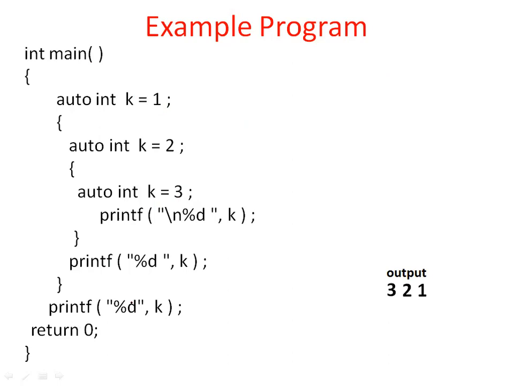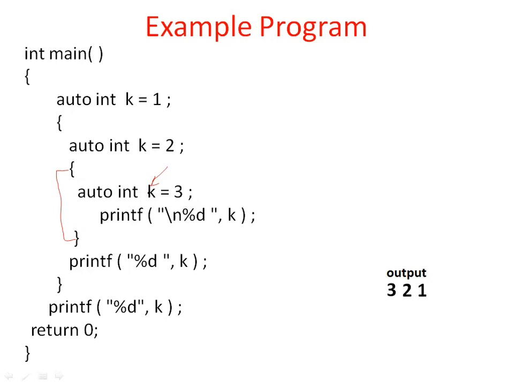So that means the variables exist in memory as long as the control is within the block in which the variable is defined. This is one block, the beginning of the block and the end of the block, and this is the variable declared here. So this variable k is declared inside this block, so its scope is within this block.